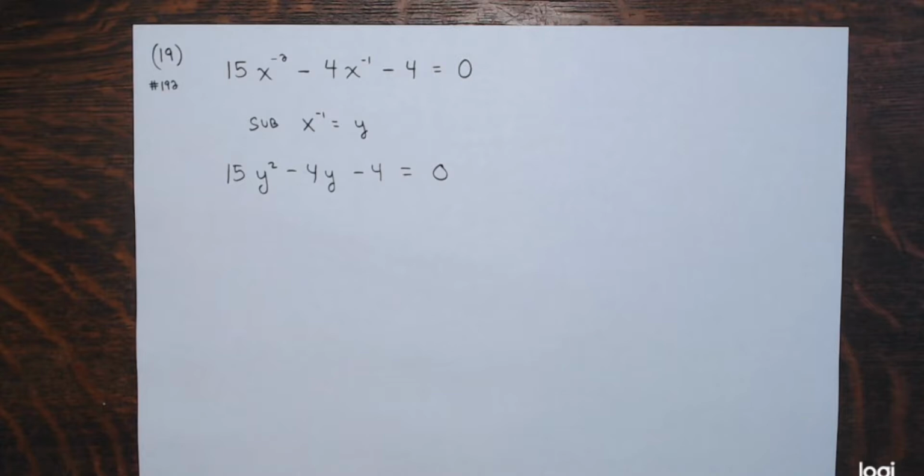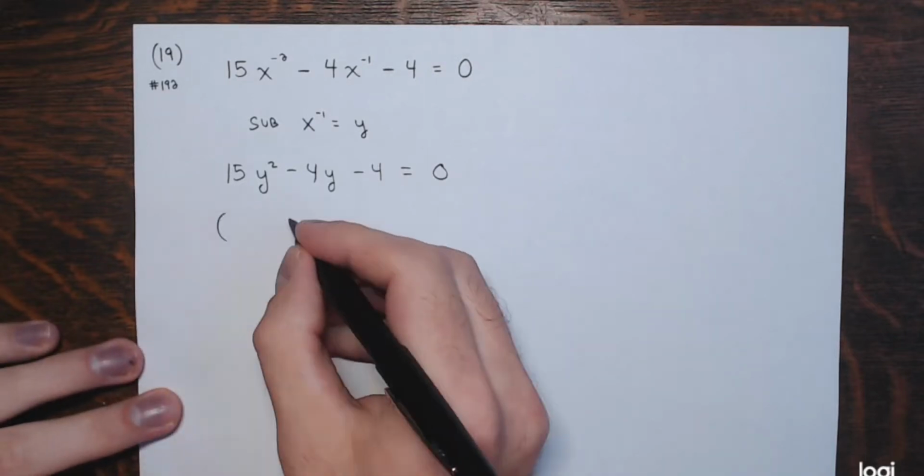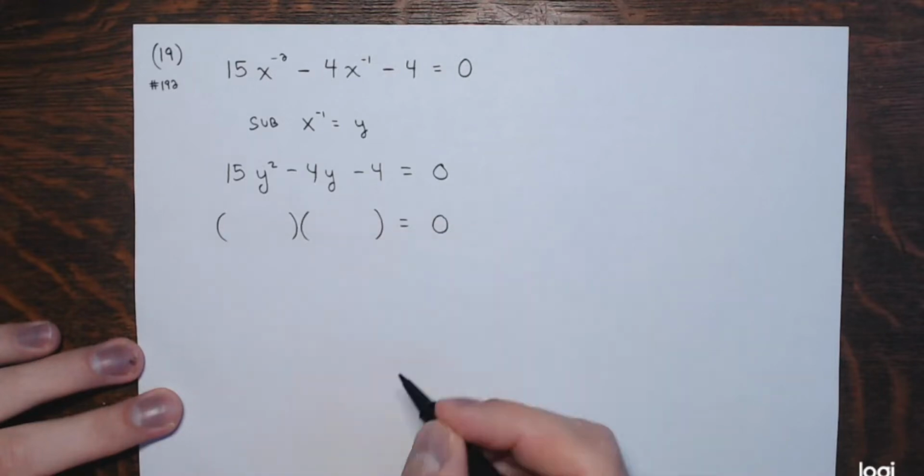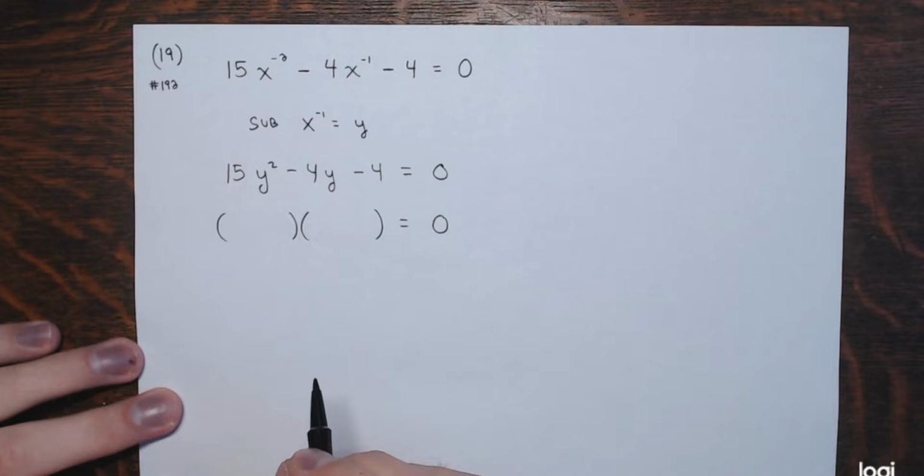And then let's see, yeah, this is another factorable quadratic. Let me think. I would need negative 10 and 6.